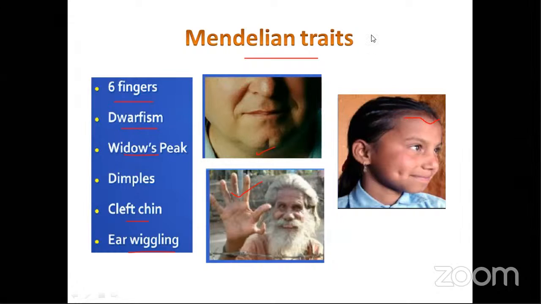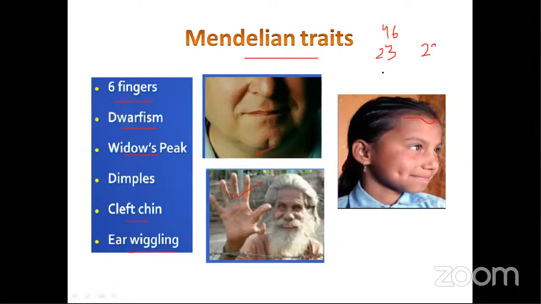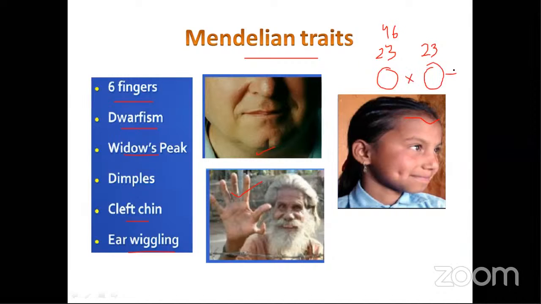Homologous chromosome means, you see, in case of humans we have 46 chromosomes, right? So 23 chromosomes will be coming from one parent, 23 from another parent. Parent in the sense that two gametes, sperm and egg, are mating with each other, and then the zygote is formed. So in sperm 23 chromosomes will be there, in egg 23 chromosomes.